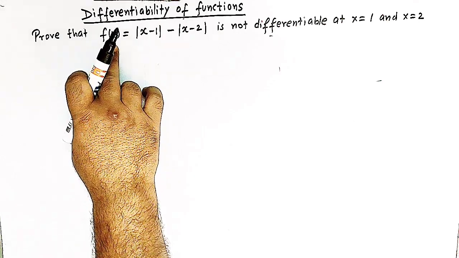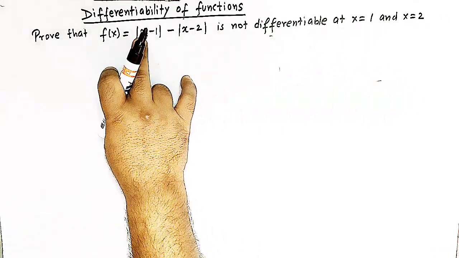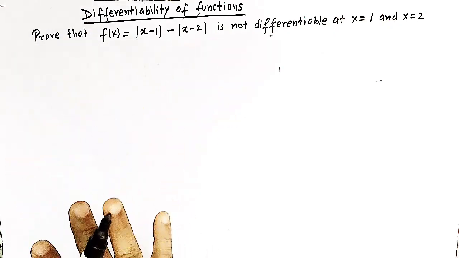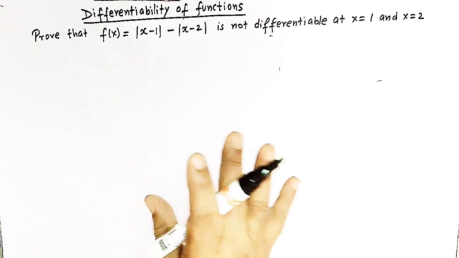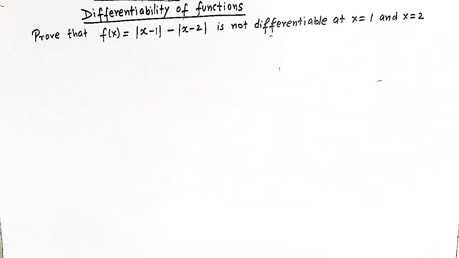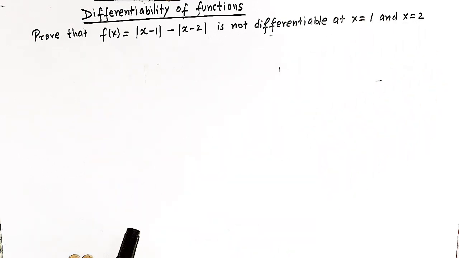But this function is not differentiable at these 2 points, right? This function is differentiable for all values of x belonging to the set of real numbers except these 2 points, that is x is equal to 1 and x is equal to 2, right? So here we'll prove that this function is not differentiable at these 2 points with the help of the concept of right hand derivative and left hand derivative, right?